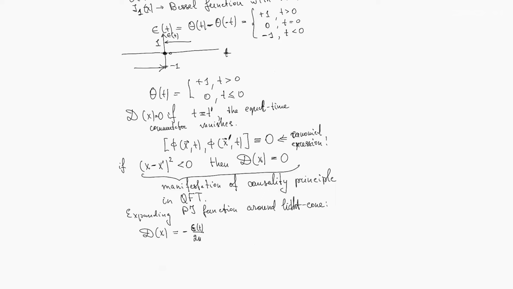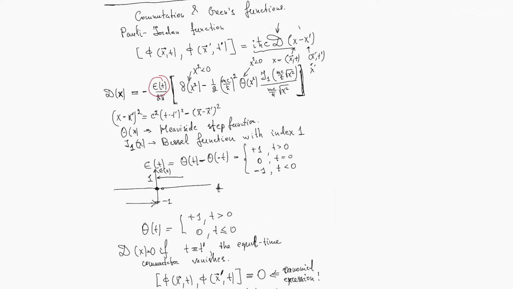And then minus 1 over 2, mc over h bar squared, and then there will be the Heaviside theta function of x squared, plus corrections. So essentially what we are expanding here is this piece, where around the light cone means that we are expanding this function around x squared, or the square root of x squared, being 0.